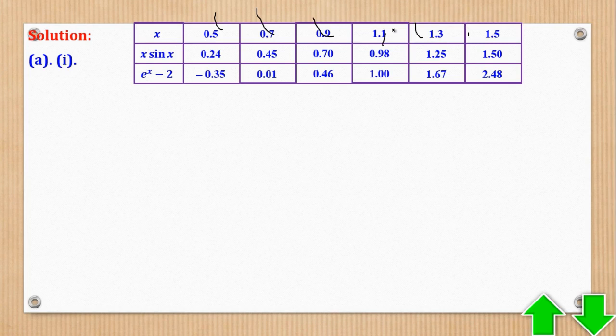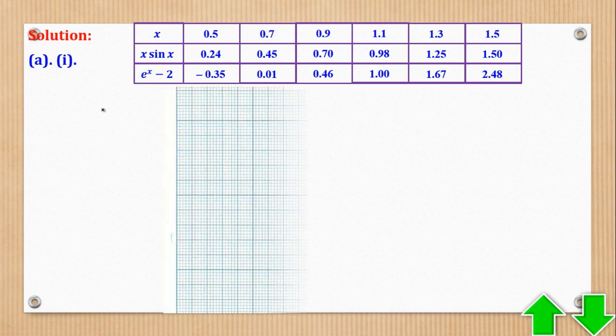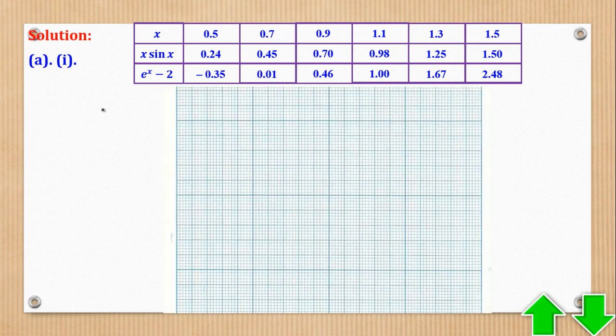If you get 4 plottable values, then it will not be okay. They should be 5, and 5 should be the minimum of the values to plot. Then you'll get your graph paper and you'll draw the axes, both horizontal and vertical. Then you get the scale for the horizontal axis.